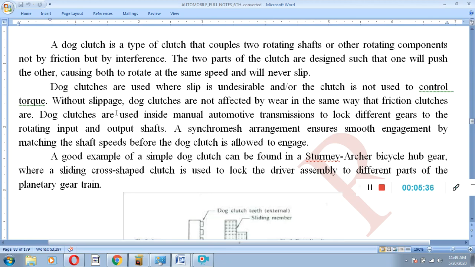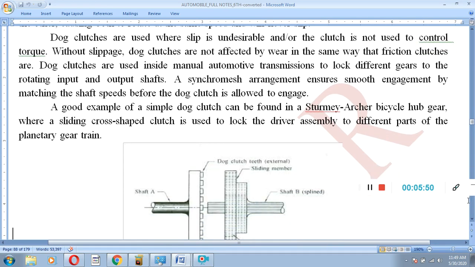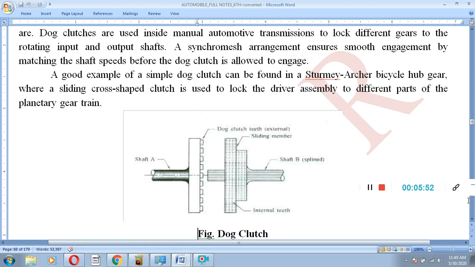Dog clutches are used inside manual automotive transmissions to lock different gears to the rotating input and output shafts. The synchromesh arrangement ensures smooth engagement by matching the shaft speed before the dog clutch is allowed to engage.